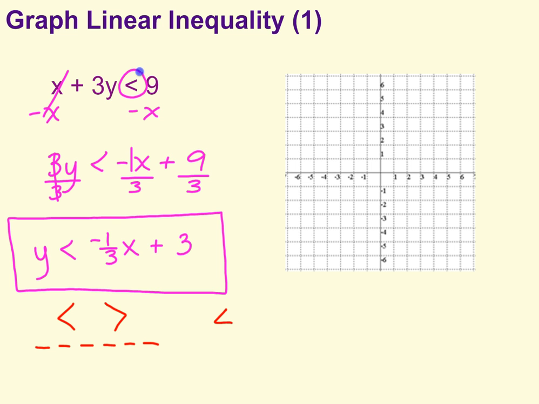If you have a less than or equal to, or a greater than or equal to, the ones that have that extra line, the or equal to line, that's going to be your solid line. So if you look at what we have, a less than. Should it be solid or dotted? Well, we said right here, if you have a less than, you're going to have a dotted line. So I'll make a note over here. Our line is dotted.